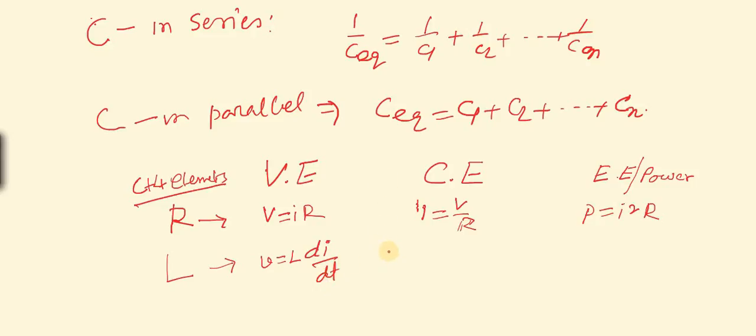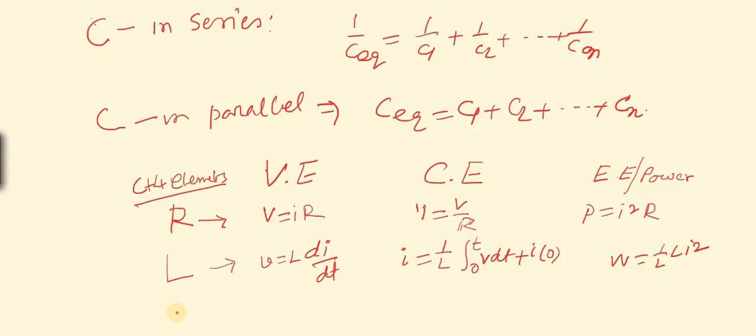Previously we have seen this. And the current equation is I equal to 1 by L integration from 0 to t, any value of t, of v dt plus the initial value of current. And the energy equation is W equal to half L I square.